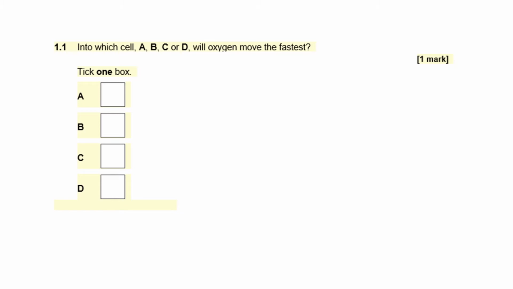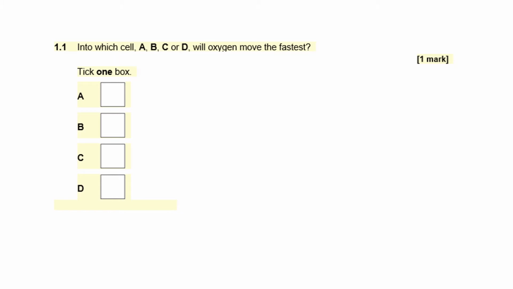Now already you can work out, and please feel free to annotate your papers, you will not lose marks by drawing on the papers. I would put arrows on the diagram showing which way they're going to go. So in cell A, you've got more on the outside than the inside, so they're going to move into the cell.